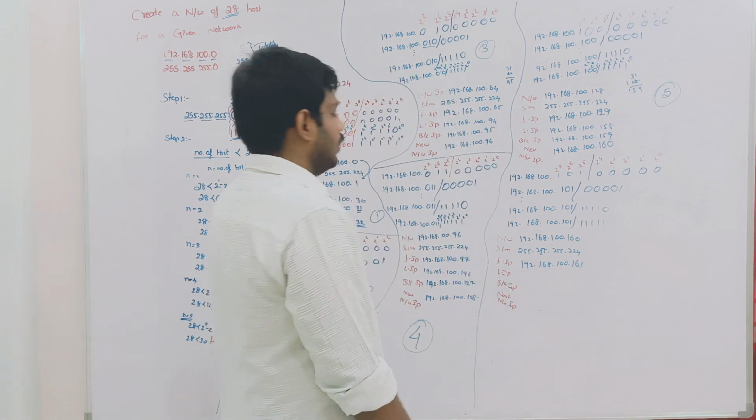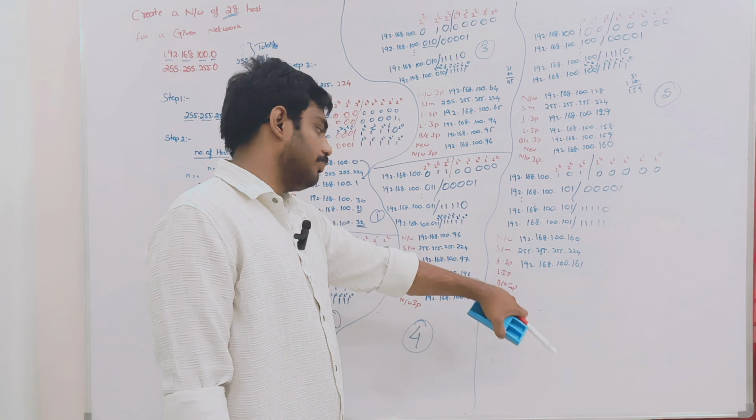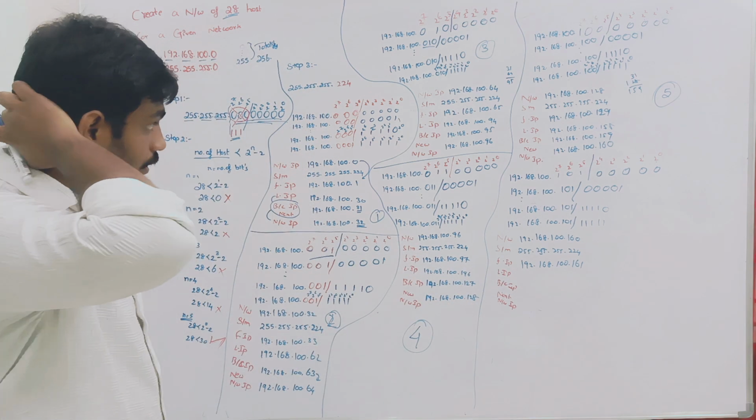The first IP is 192.168.100.161. And if you find the broadcast IP, you have the advantage of finding the last IP and then the next network IP.